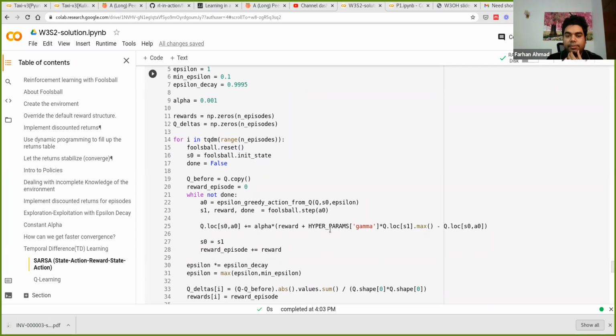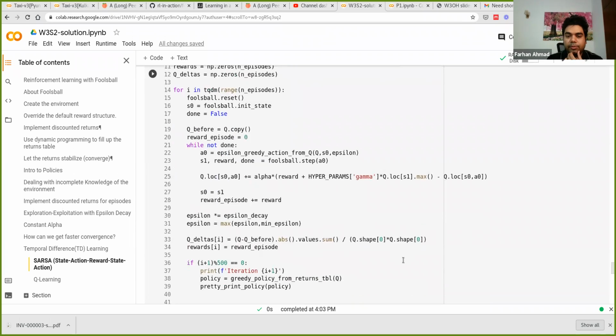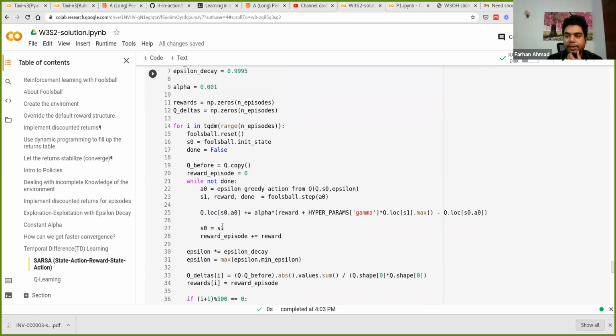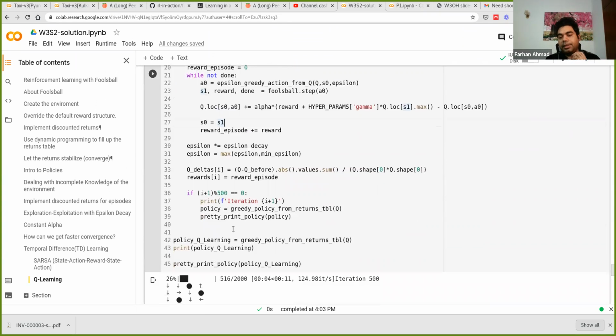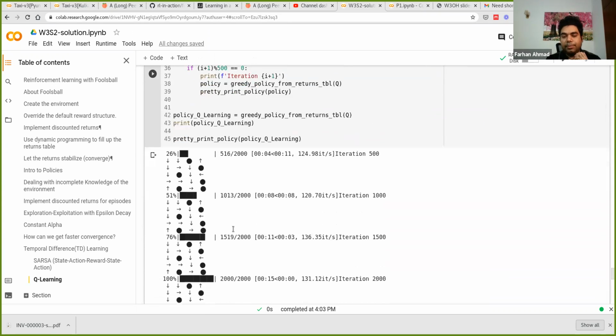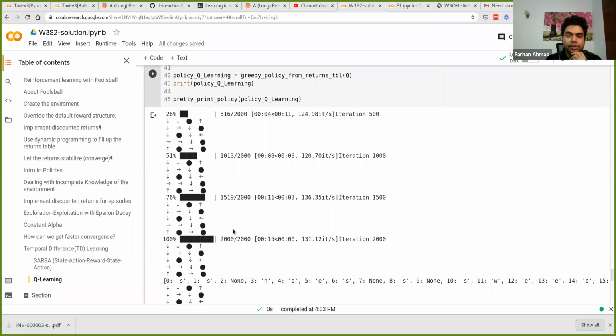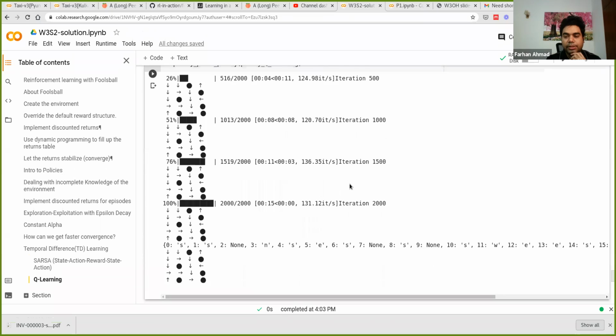There is not much of a change in the rest of the algorithm, of course, except for minor things like we don't have A1 over here, right? The rest of the strategy and the hyperparameters, everything is the same. And this again seems to converge very quickly. Again, around 500 steps, this seems to have already converged.